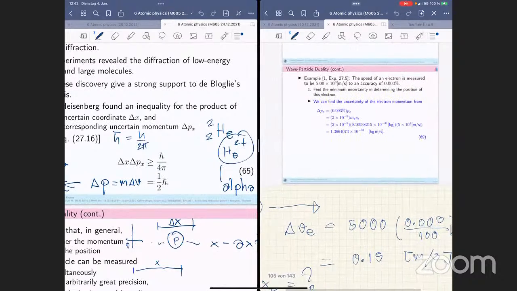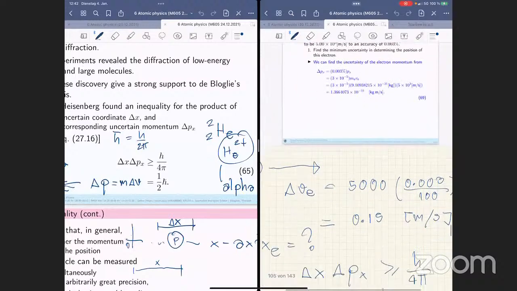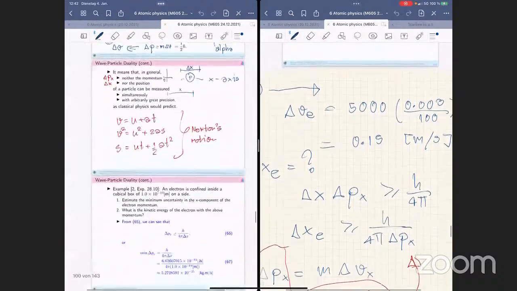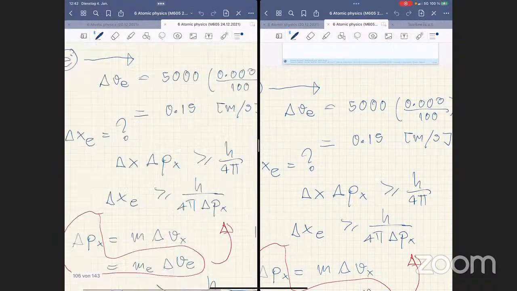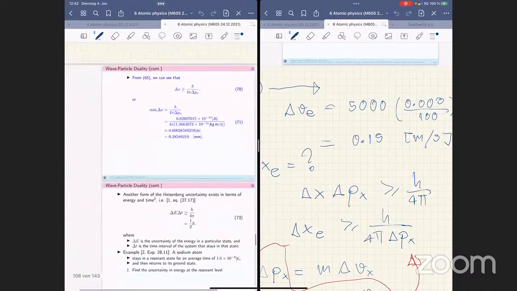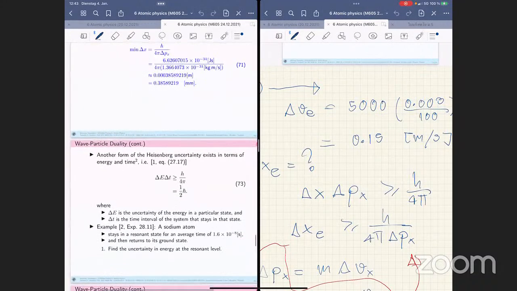The speed of an electron, right, has already been addressed in that problem. We're gonna reach the next uncertainty by Werner Heisenberg. It's the uncertainty in terms of energy and time.